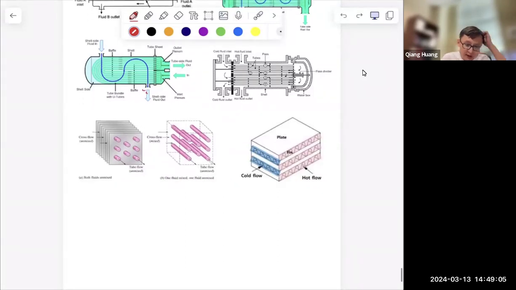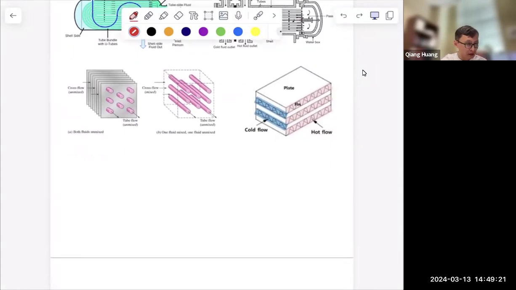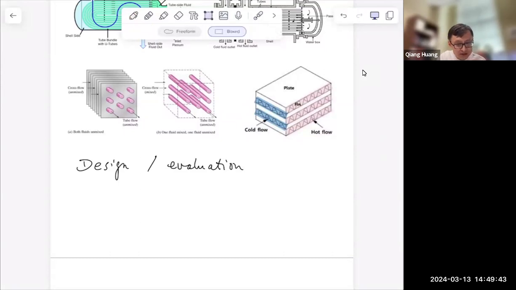So in order to analyze how well or how badly the heat exchanger performs its job, or how to design a heat exchanger to satisfy your requirement, that requires us to solve a so-called design or evaluation problem. So we have design versus performance evaluation.